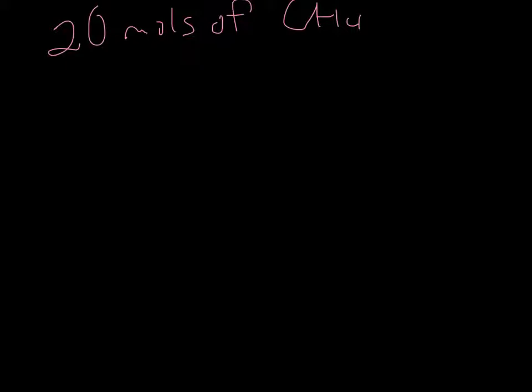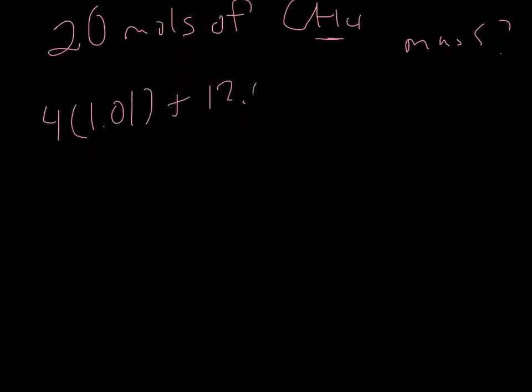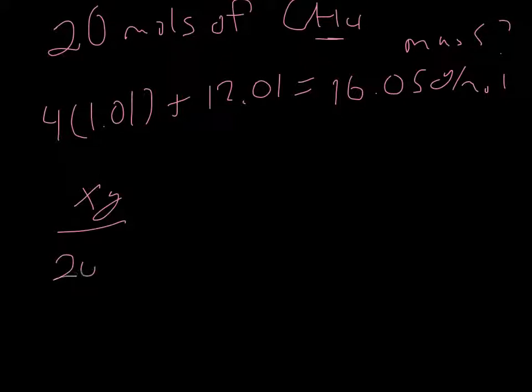First we're going to find the molar mass of methane. Again, hydrogen has 1.01, plus carbon, which has 12.01, and that gets you 16.05 grams per mole. So now we have x grams over 20 moles equals 16.05 grams per mole.